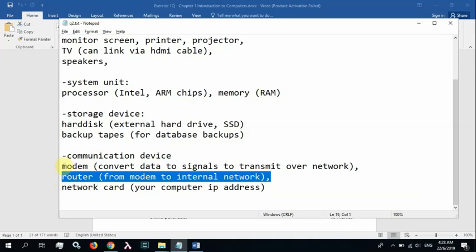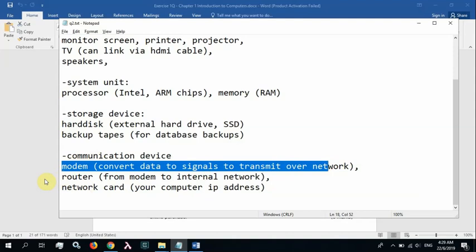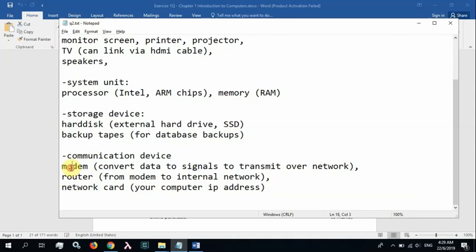So it will receive, routers will receive data from modem and to modem. So this device will convert your data to electrical signals or light signals, depending on which mode you're on. If you're on fiber optics, then you'll be light.